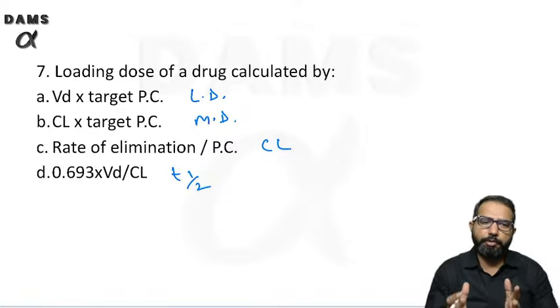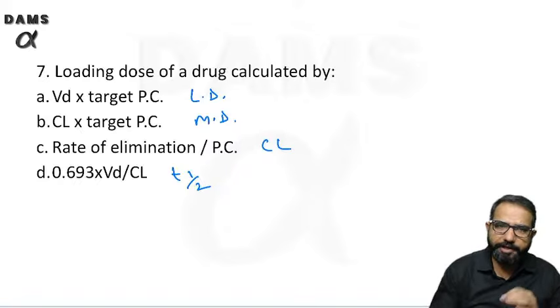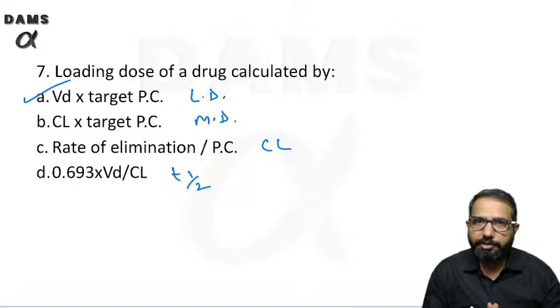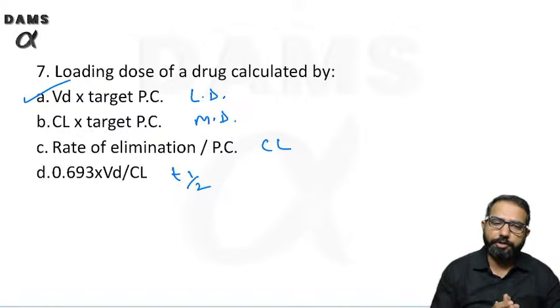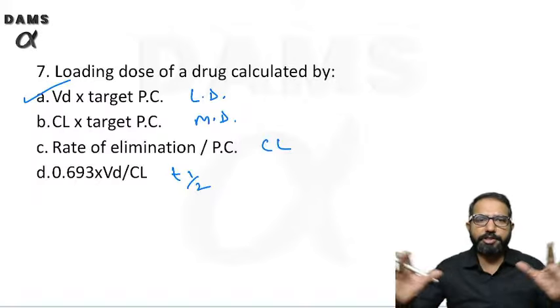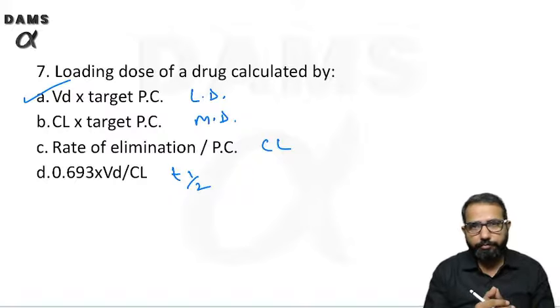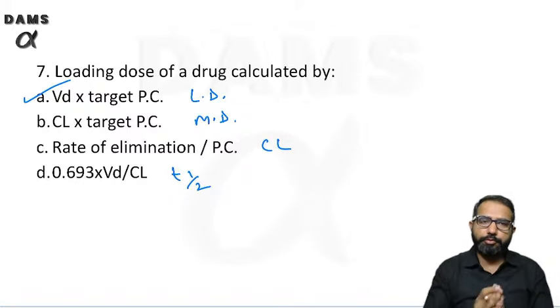So this is about the loading dose. The loading dose depends on volume of distribution and target plasma concentration. Loading dose is the first dose which we use. When we use this first dose, it depends on how much the drug is going to distribute in the tissues and what is the target level, because the drug not only remains in the plasma, the drug is going to distribute.